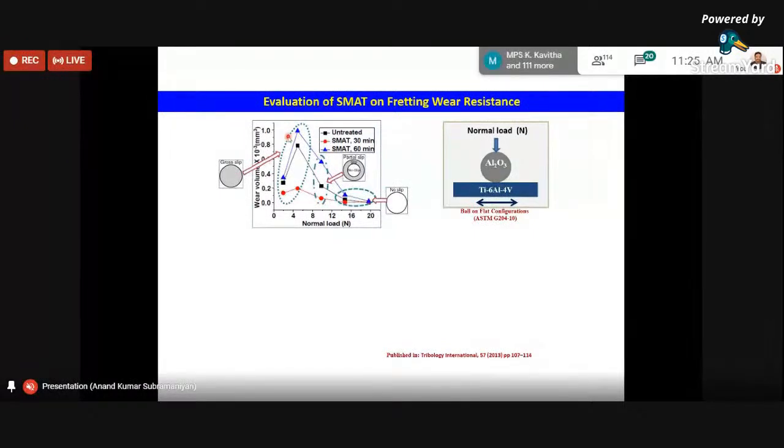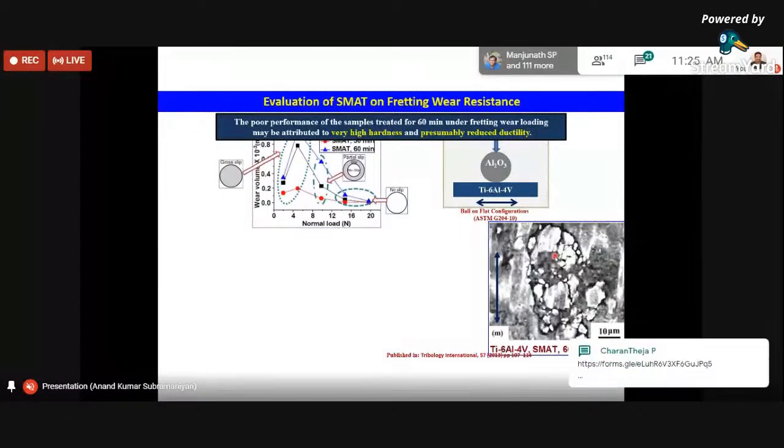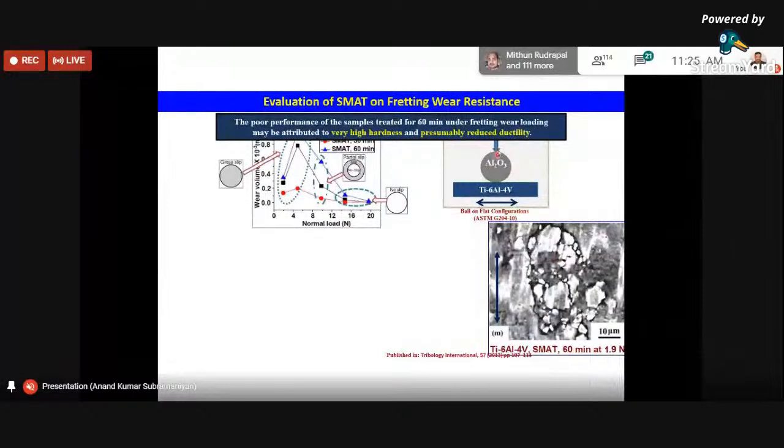So if we quickly look at some investigation of this fretted sample, in the case of 60 minutes, this is the actual worn out sample. You see a signature of a lot of brittle cracking on this sample, because the sample has higher hardness, which means it behaves more like a brittle material in response to the given load application.